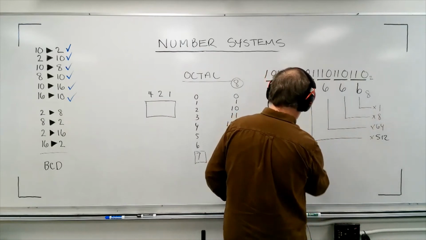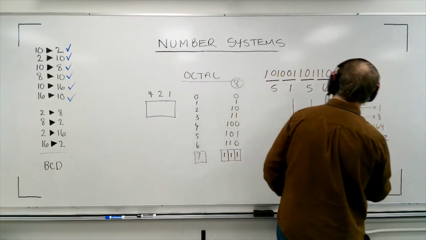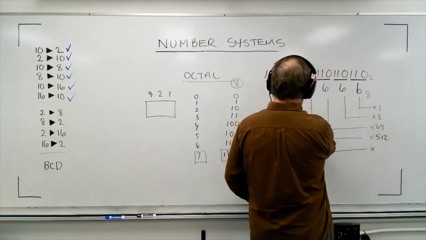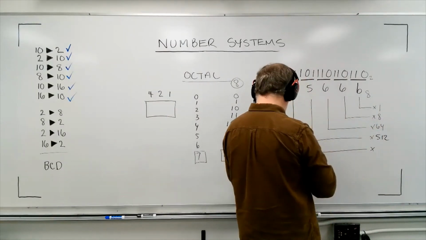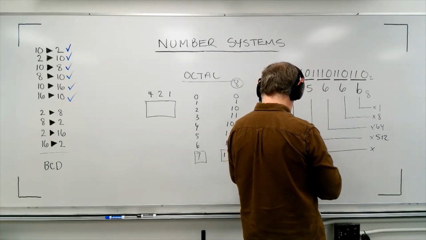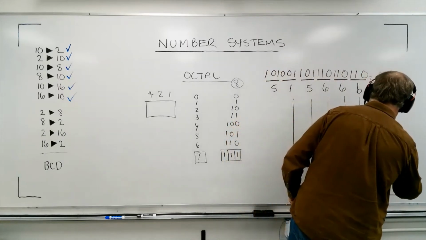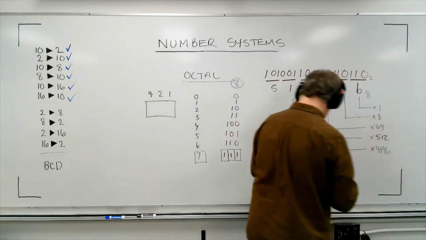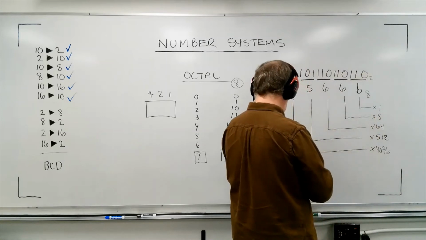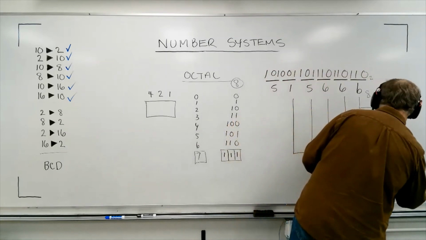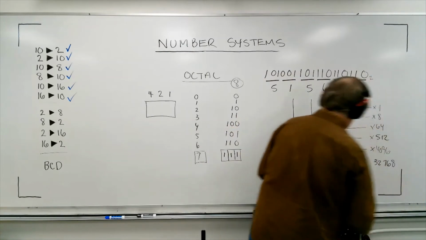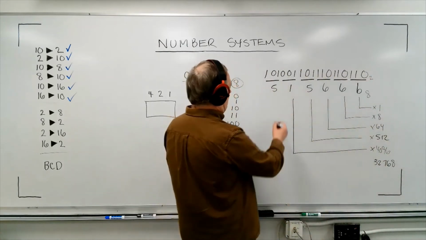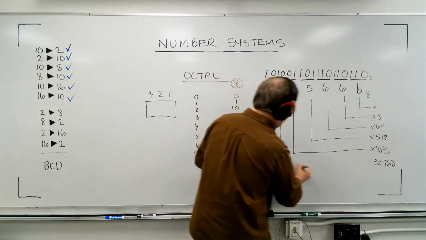Then I have 1 times, the next one is going to be 512 times 8, 4096. And the next one is going to be 32,768. Okay, 32,768. And that's going to be 5 times that.